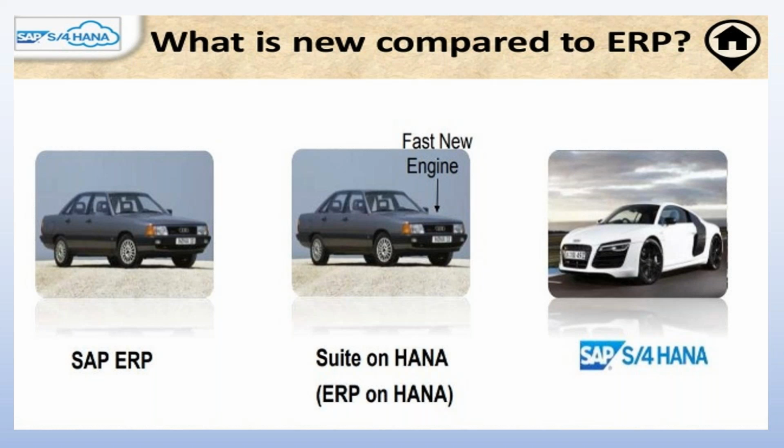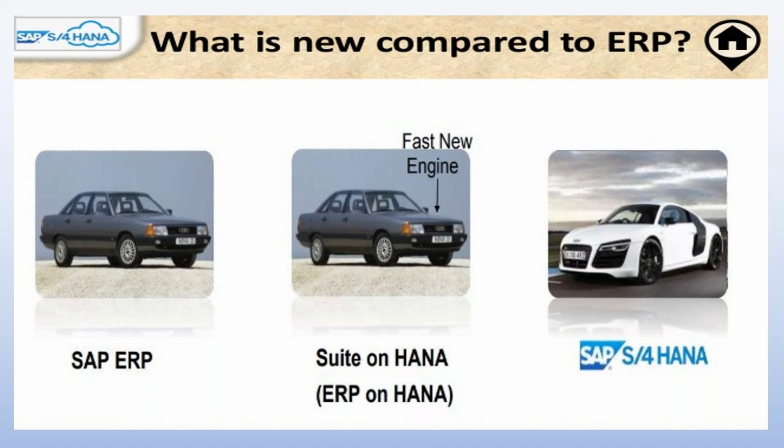They stopped selling your ERP ECC and started selling only S4. So remember, S4 only works with the HANA database. If any customer wanted to go for S4, they first have to do the database migration from Oracle, or whatever database they are using, to the HANA database. If customers are using a non-SAP system, for example Oracle, Hyperion, JD Edwards, whatever system, and they want to go for S4HANA, the mandatory first step is to buy the HANA database.